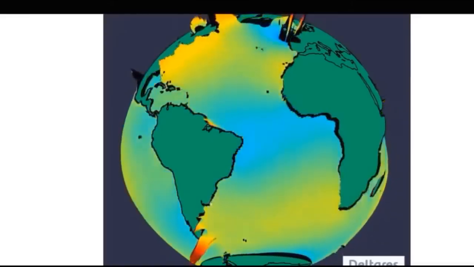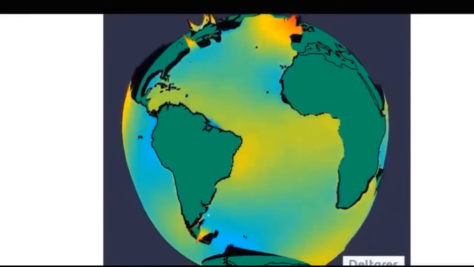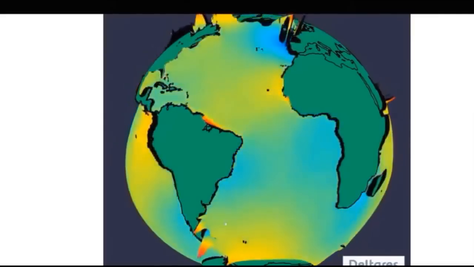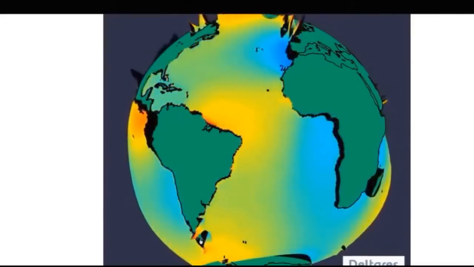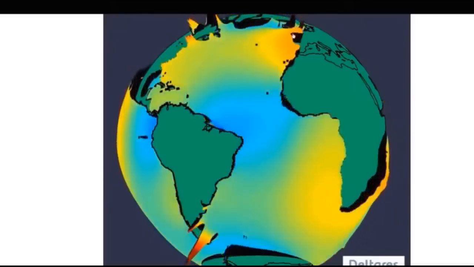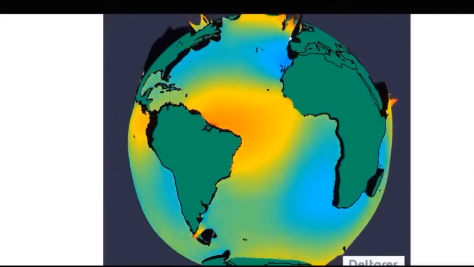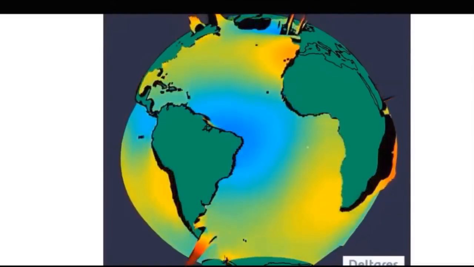Now, this only shows half the Earth. You can see a little bit over here in North America. But if you look at South America, the tides are just enormous at the very, very tip of South America. The same is true up here in Great Britain and in the English Channel. Huge amount of tides.